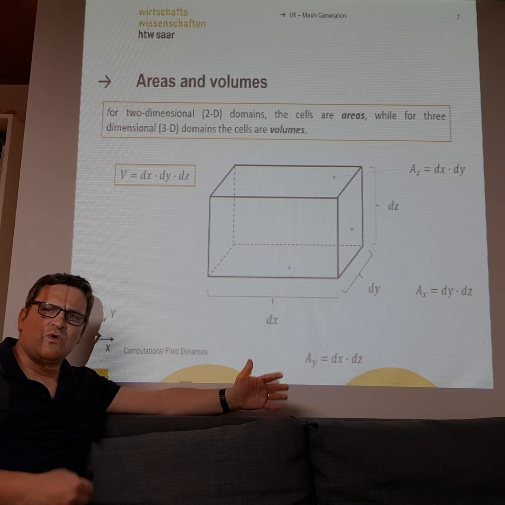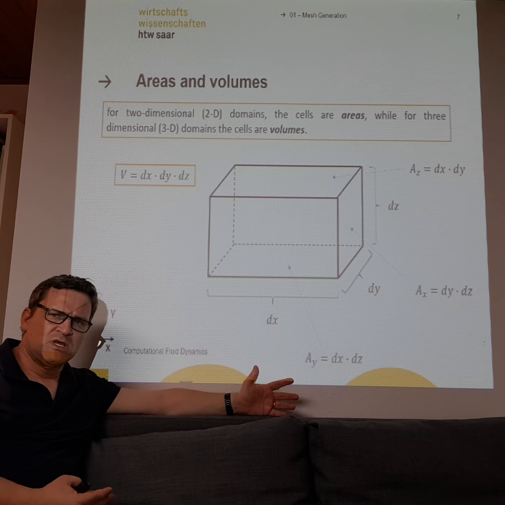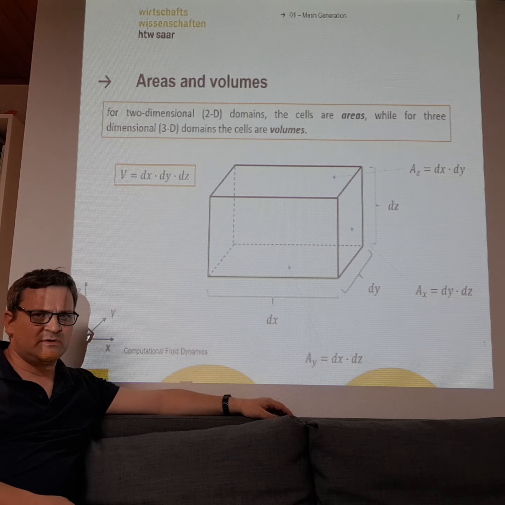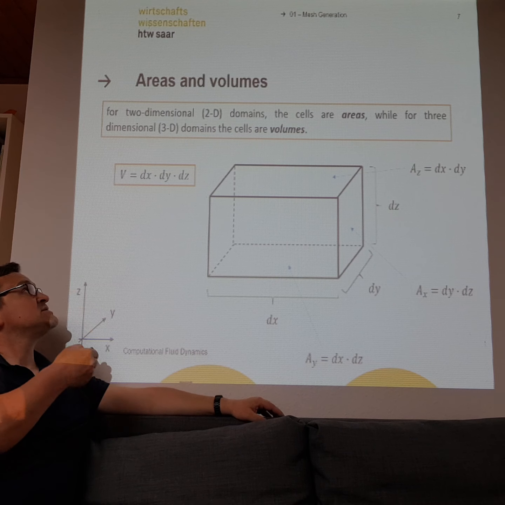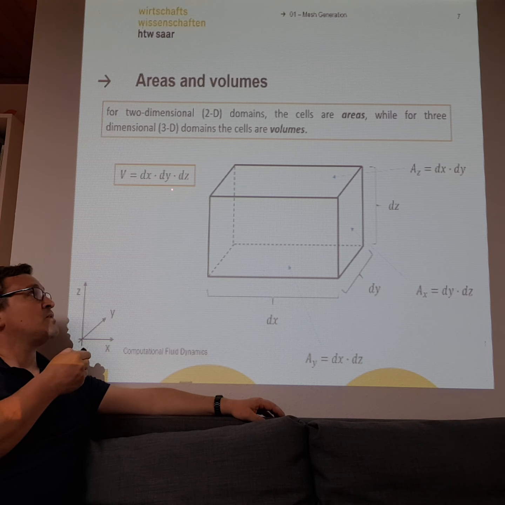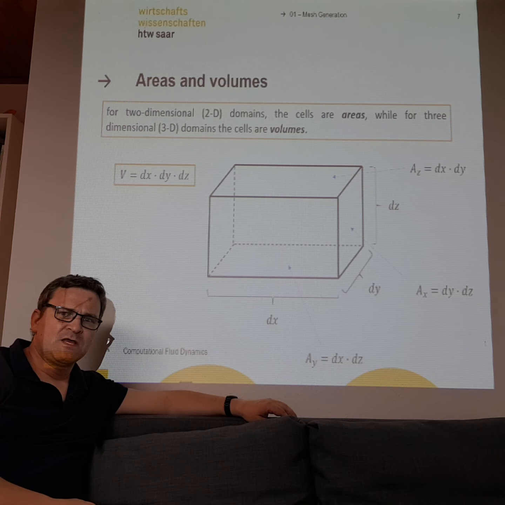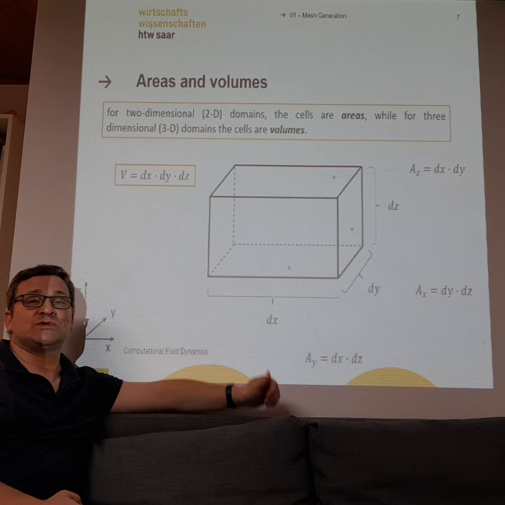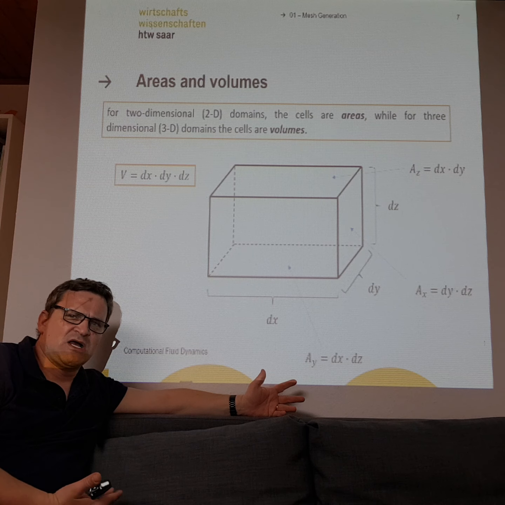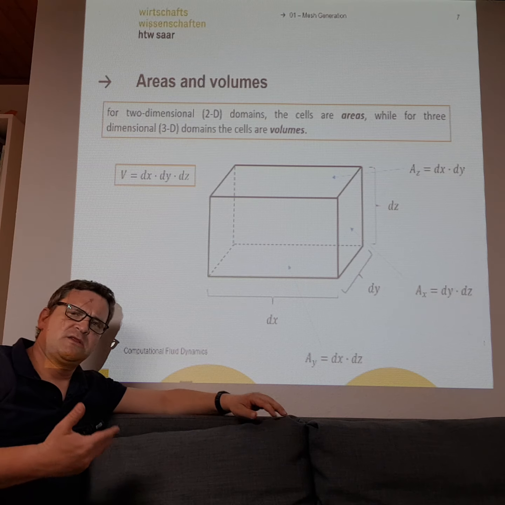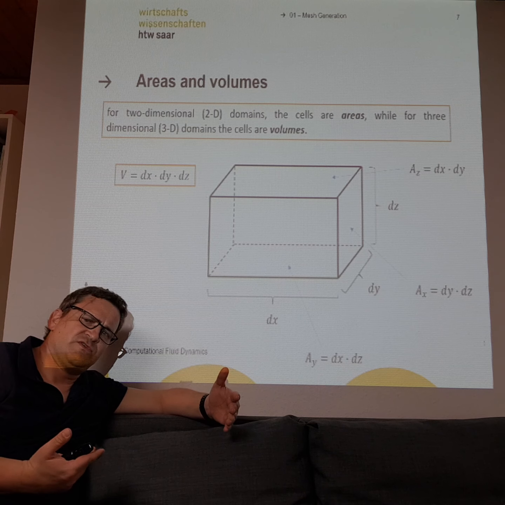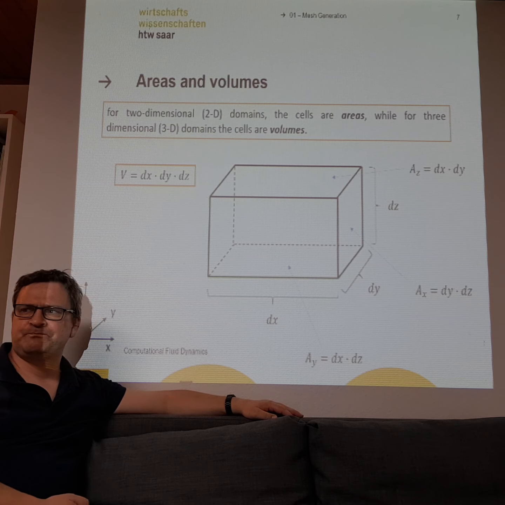And how big is the volume of this block? I think you should all know this from your mathematics classes. V is defined by dx times dy times dz. So if you want to fill this block with water, you can just calculate the volume, and if you know something about physics, the mass and so on.